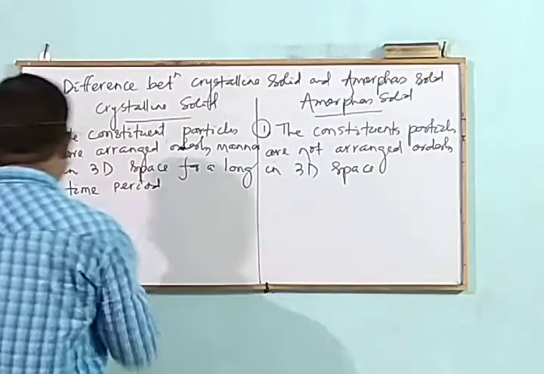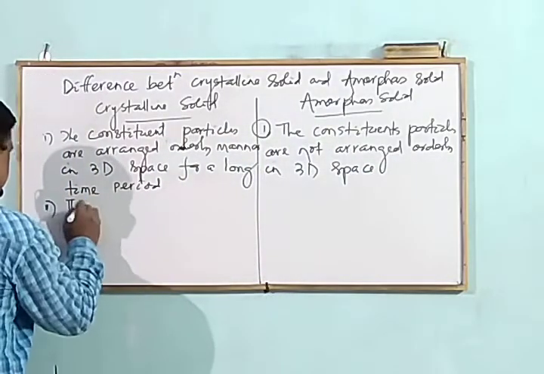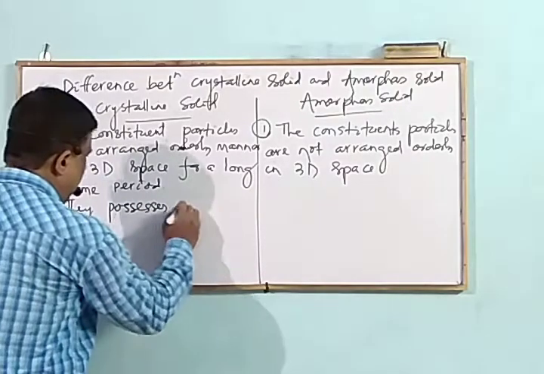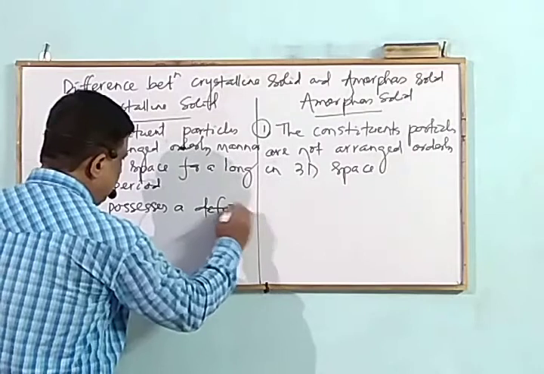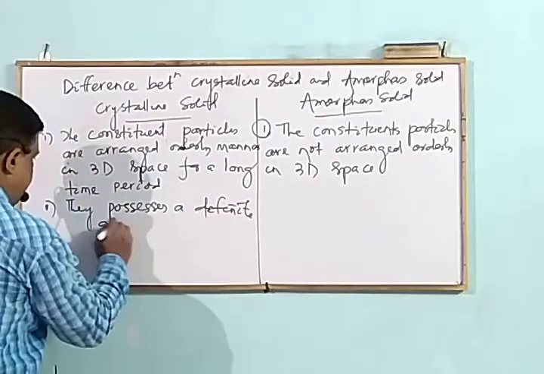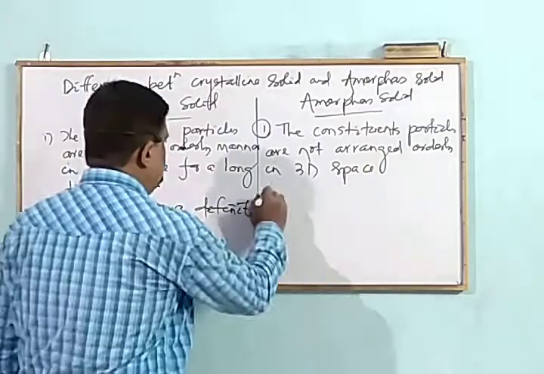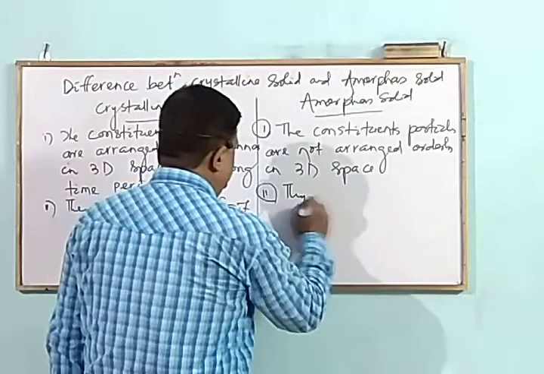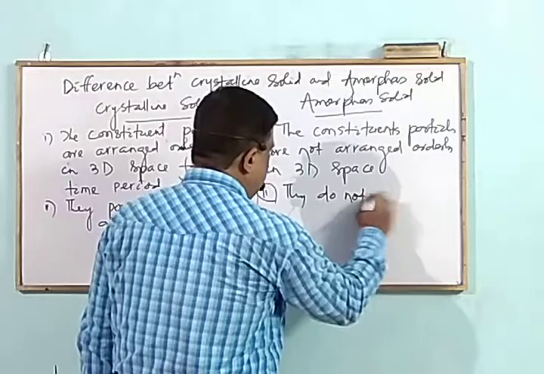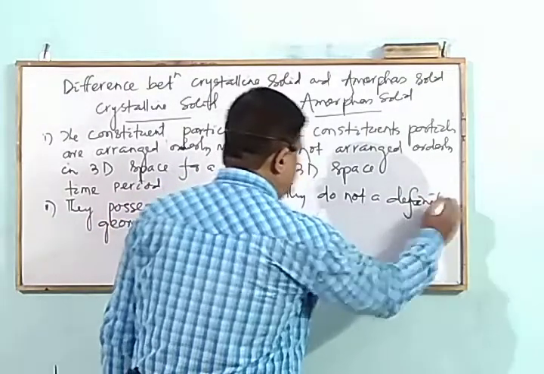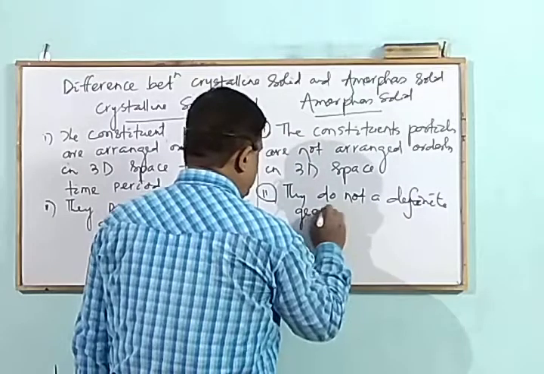Point two, they possess a definite geometry. Point two, they do not have a definite geometry.